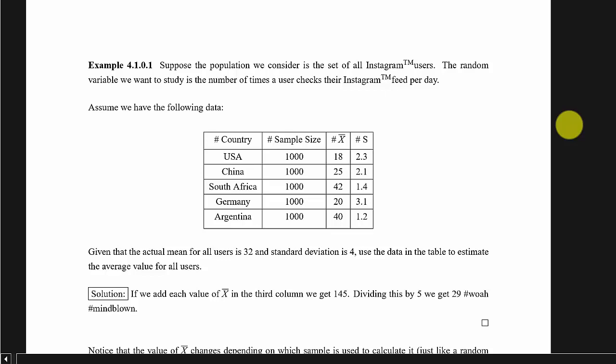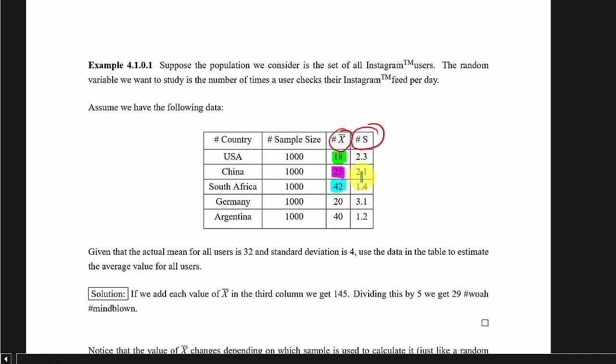All right, so what we have here is the average, the mean, and the standard deviation. Now keep in mind, this value here is the mean for the USA. This is the mean for China.